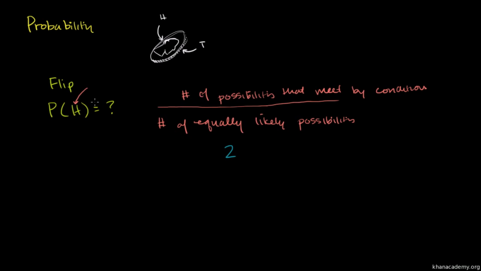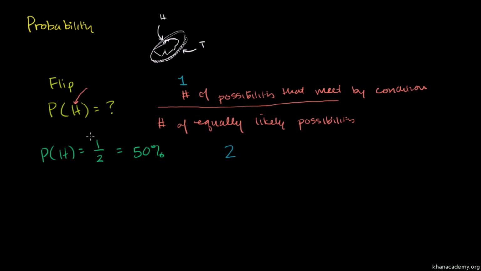Well, there's only one, the condition of heads. So it will be 1 by 2. So one way to think about it is the probability of getting heads is equal to 1 by 2. If I wanted to write that as a percentage, we know that 1 by 2 is the same thing as 50%.